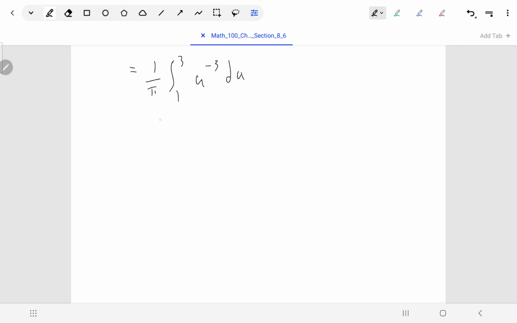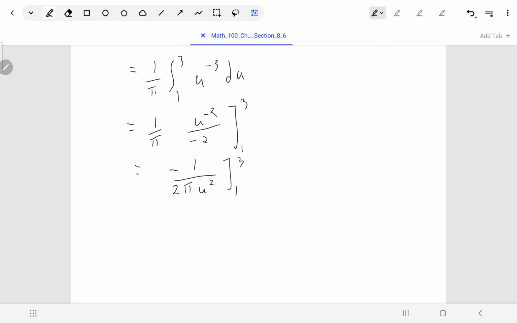Okay, so now I'm just going to evaluate this. I'm going to find my antiderivative. For u to the negative 3, it's u to the minus 2 over minus 2. And we're going to evaluate that between 1 and 3. Just to make this a little bit nicer, this is negative 1 over 2 pi u squared, going from 1 to 3.